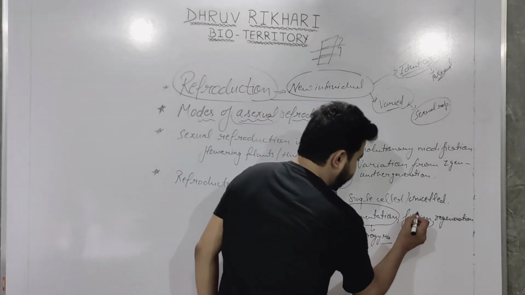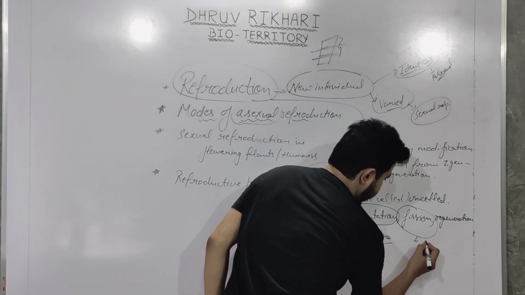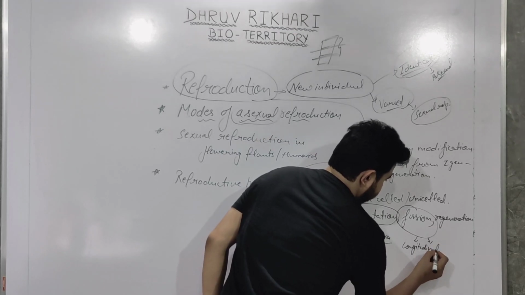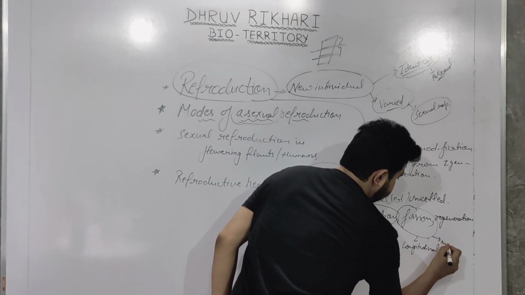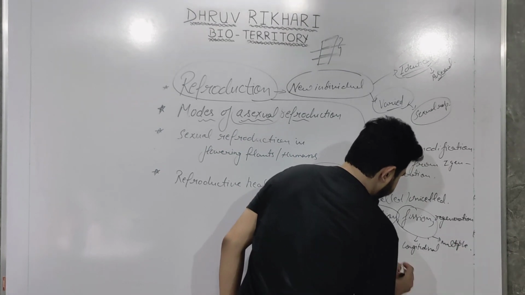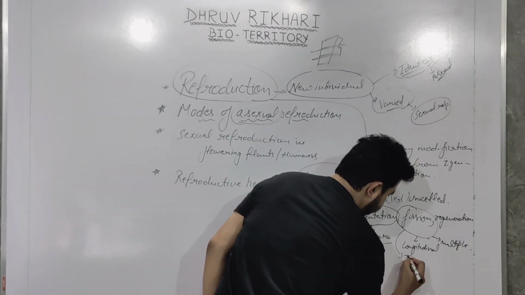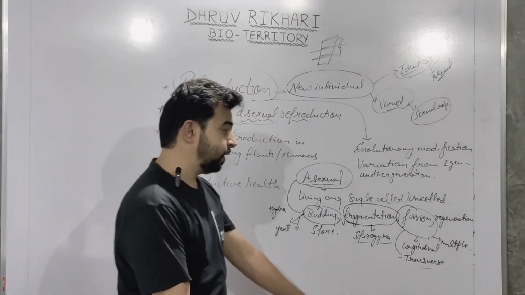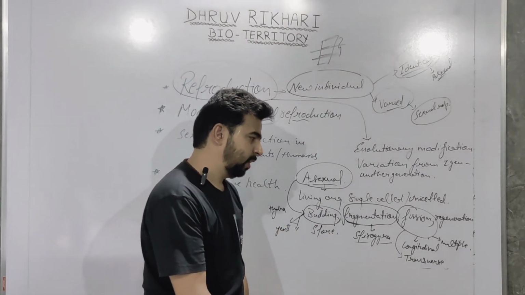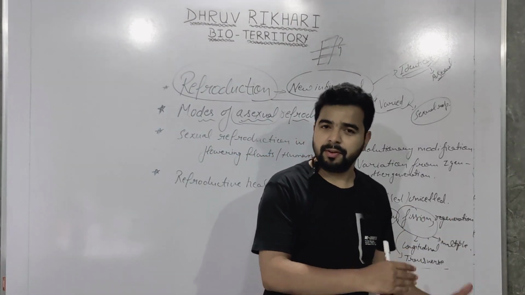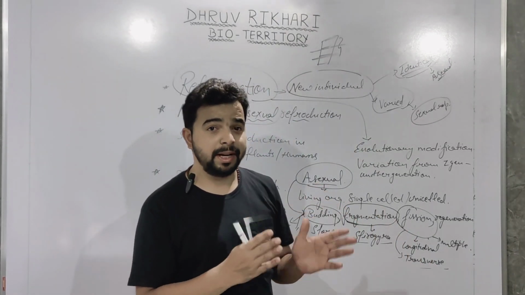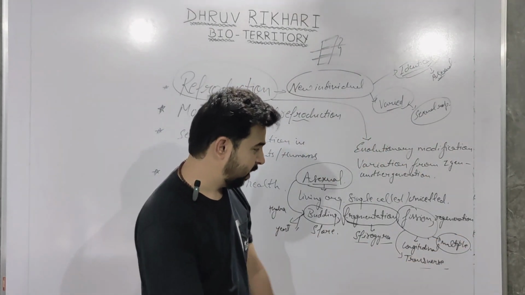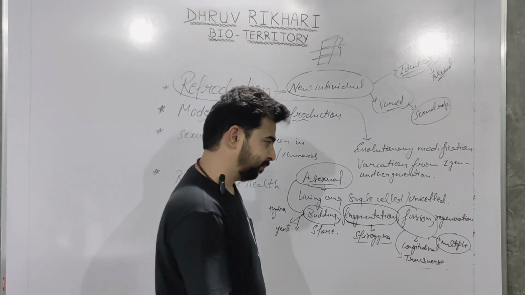Fission takes place in different types: it can be longitudinal, multiple, or transverse. Longitudinal fission takes place in Leishmania, multiple fission in Plasmodium, and transverse fission in amoeba.